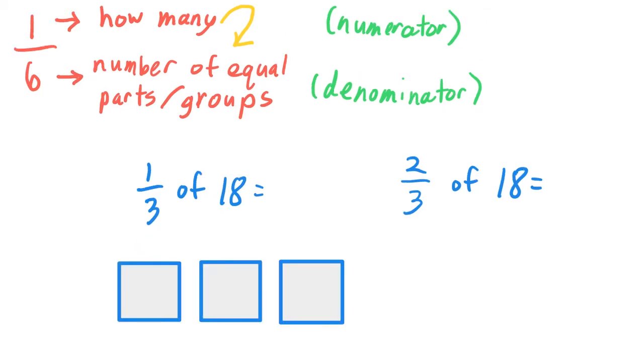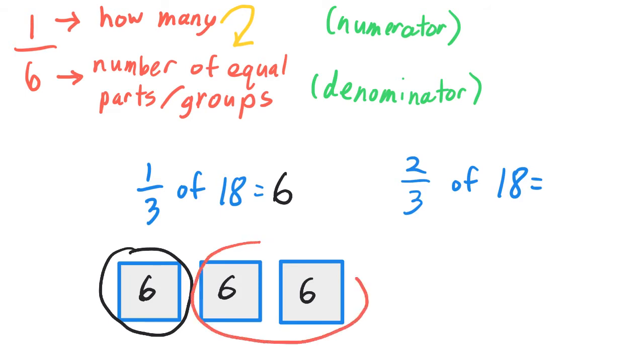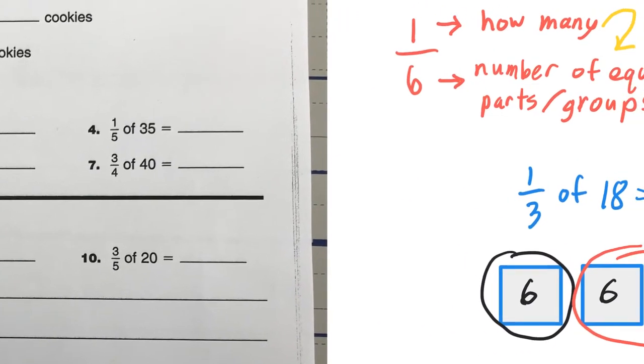So if I'm going to split 18 into 3 groups, it's going to be 18 divided by 3. So each group would be 6. And then one of those groups is 1/3. So 1/3 is 6. If I did 2 of the groups, add those together, that's going to show you how much is 2/3 of 18. And for your other ones, you can use the same strategy.